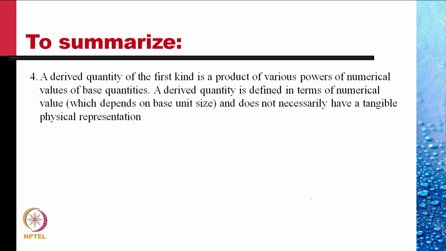A derived quantity is defined in terms of the numerical value which depends on the base size units and does not necessarily have a tangible physical representation. It should have, but it's not necessary that it always have. And when it does not have a tangible physical representation, it is not a physical quantity.